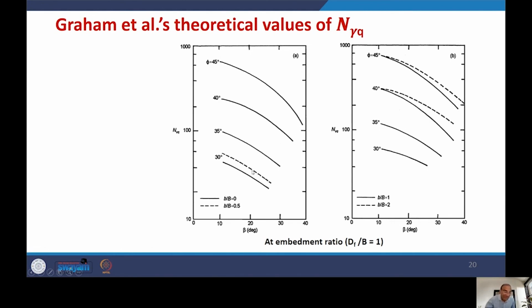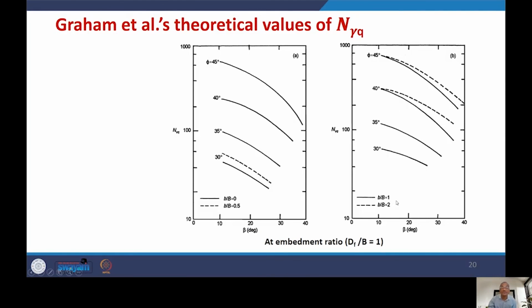Then you have the difference due to setback distance: when the setback distance increases for the same angle beta, your Nγq will increase. The first case was for b/B equal to 0 and 0.5, and this case is for b/B equal to 1 and 2.